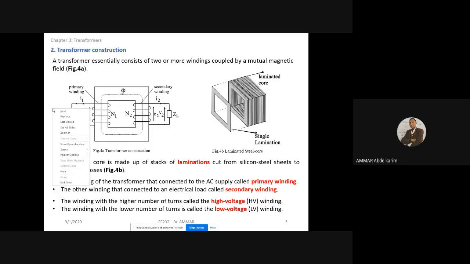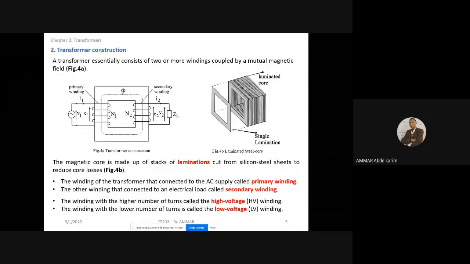Now let's see the construction of the transformer. Of course, the transformer has a magnetic circuit. A transformer essentially consists of two or more windings coupled by a mutual magnetic field. Mutual, which means مشترك بيناتهم, it's between them.